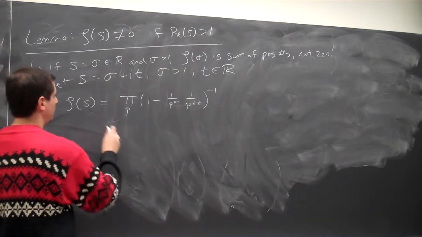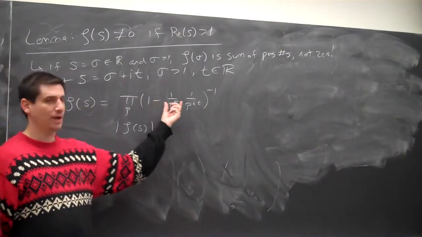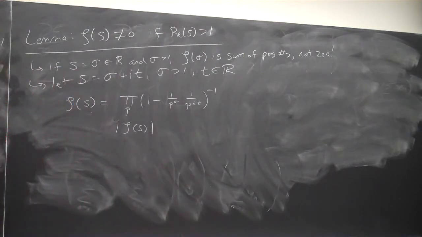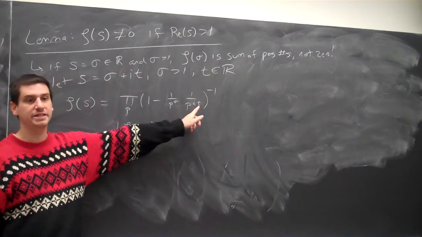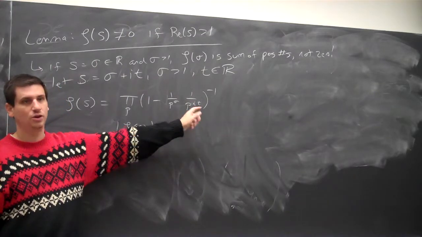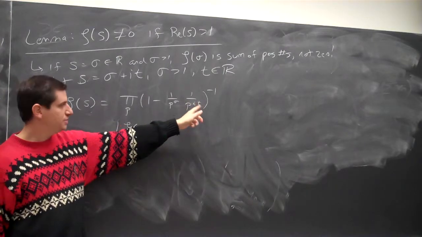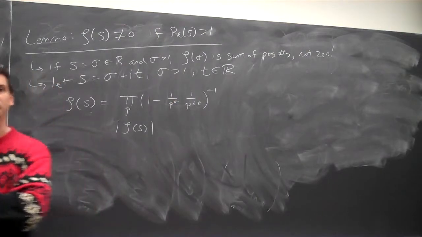So if I look at the absolute value of zeta of s, can you give me an upper bound? So the difficulty is I have this p to the it factor. What value, for a specific choice of p, what value of t will make this whole thing as large as possible? Remember, I've got a minus 1.